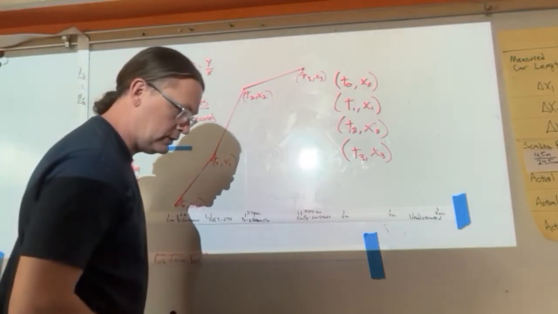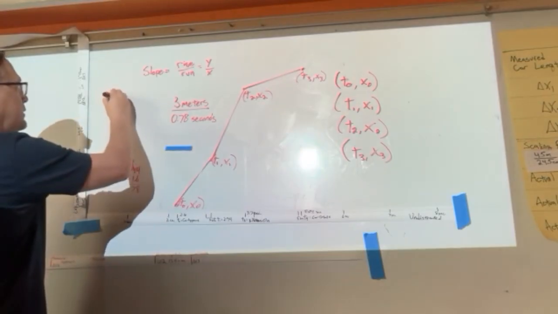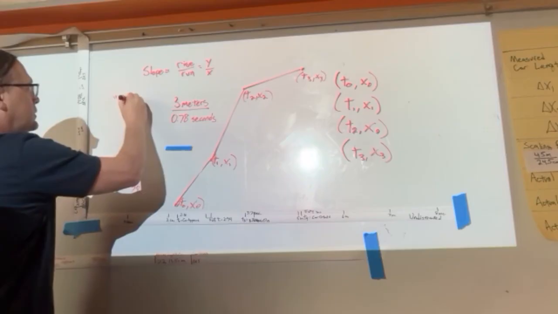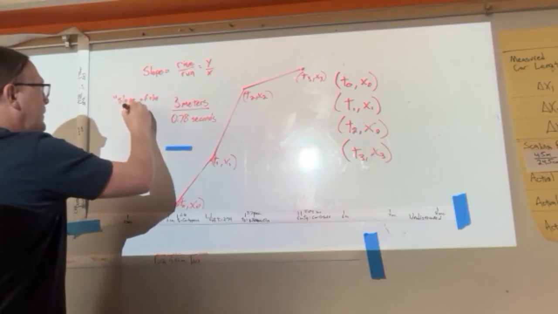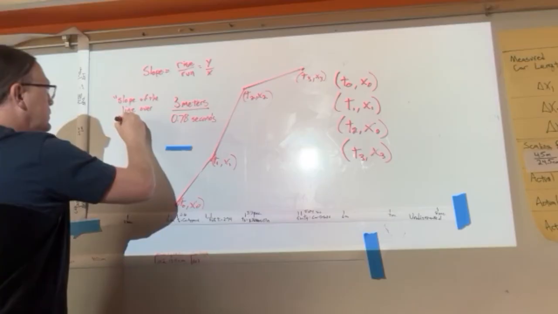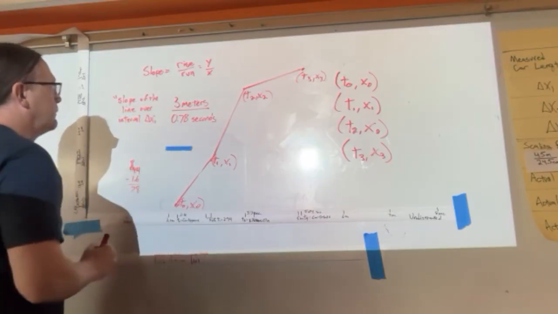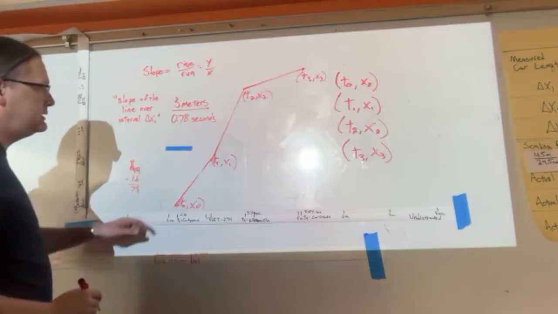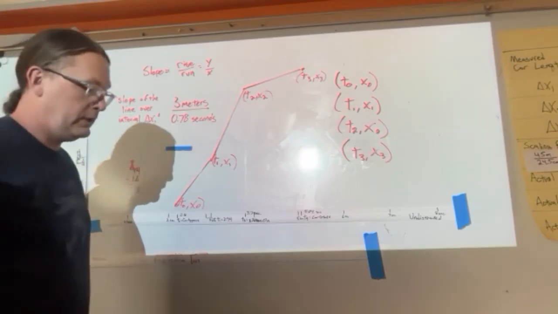This is called the slope of the line over interval delta x1. Now we can see how fast the car is traveling in terms of meters per second.